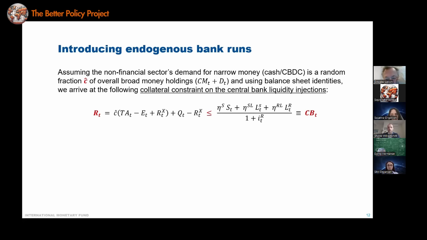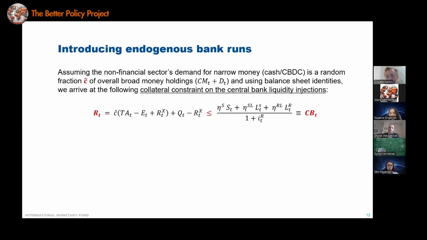Or we can also assume that banks can issue some repo or borrow from other banks on a collateralized basis. But they need collateral, either to borrow from other banks or to borrow from the central bank. At the systemic level, again, they can only borrow from the central bank.